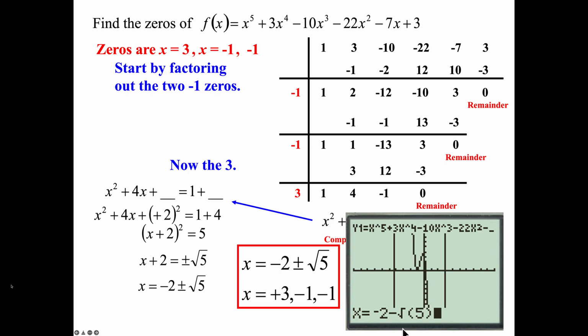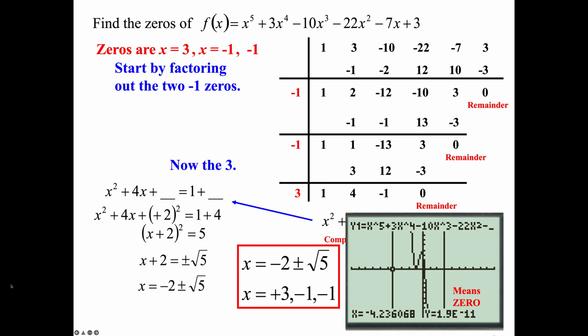Now, remember, square roots are decimals that go on forever. So that will probably cause rounding errors. So I hit enter on my calculator, and sure enough, wait a minute, this is not a 0, but your cursor shows up on the x-axis.